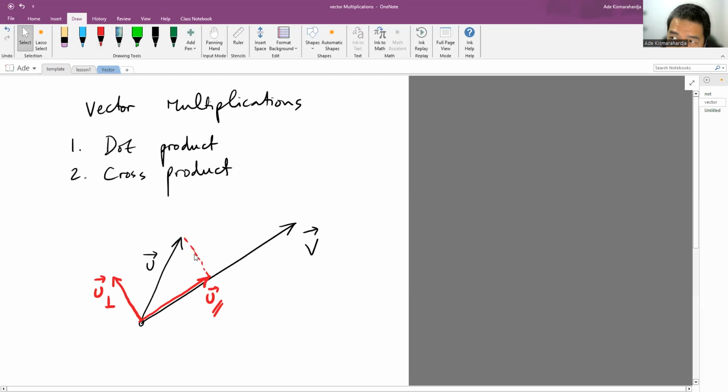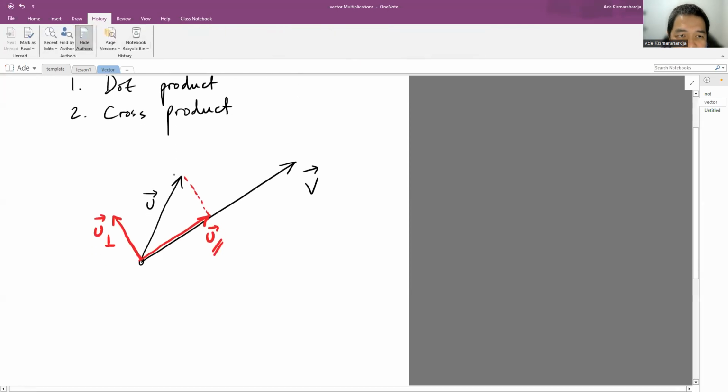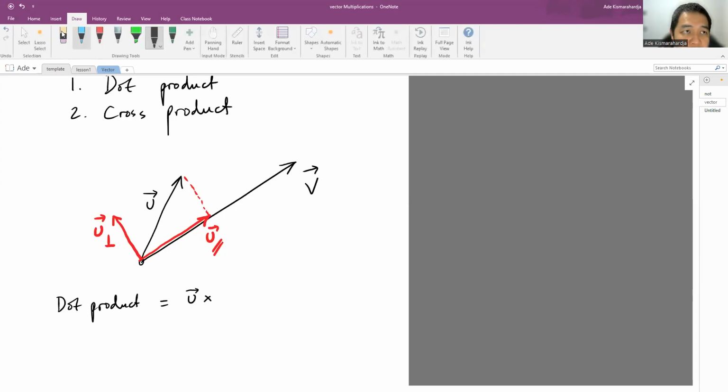Now, the reason why we have two different multiplications is because each of these multiplications corresponds to the multiplication of different components. So for example, the dot product, now it is defined as, for example, we have u dot v.